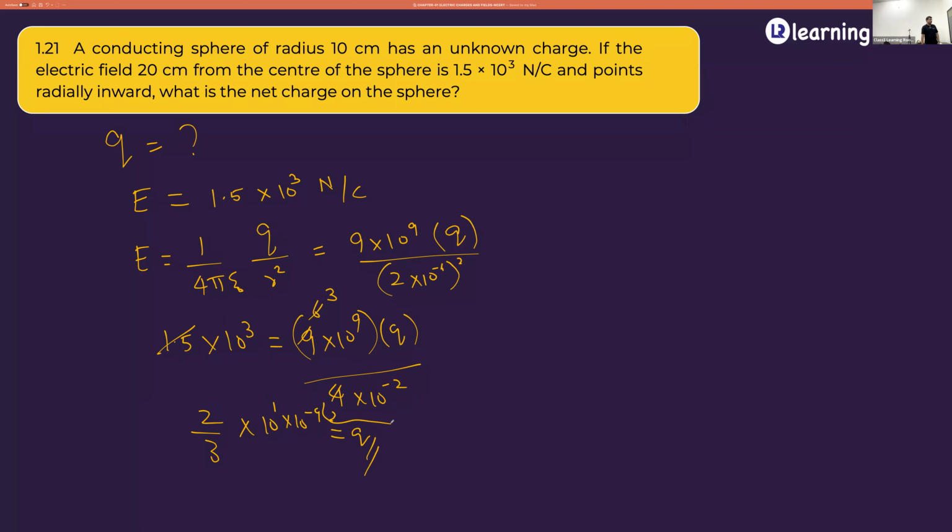So charge will be 0.67 into 10 power minus 8 coulomb, and it is a negative charge, because they told us it is pulling the electric field towards itself, radially inward. It's a negative charge. Am I clear with this? 0.67 into 10 power minus 8 coulomb.